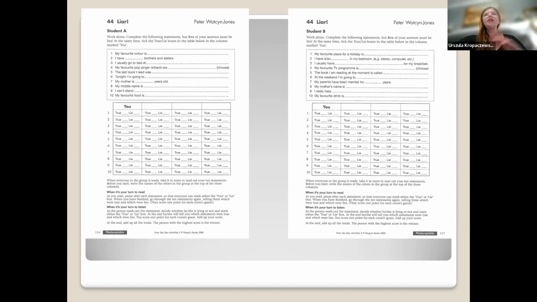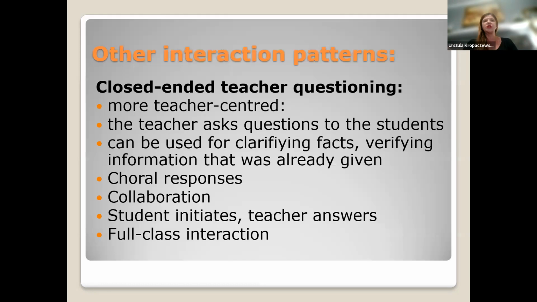Then student A, for example, is reading his sentences, and the other students are to decide first individually if it is true or false, and then after all the texts have been read and decided to be true or false, there is a discussion. Then student A says which sentences were just lies. And then we have got the best liar. So it's a very nice exercise for students to listen.